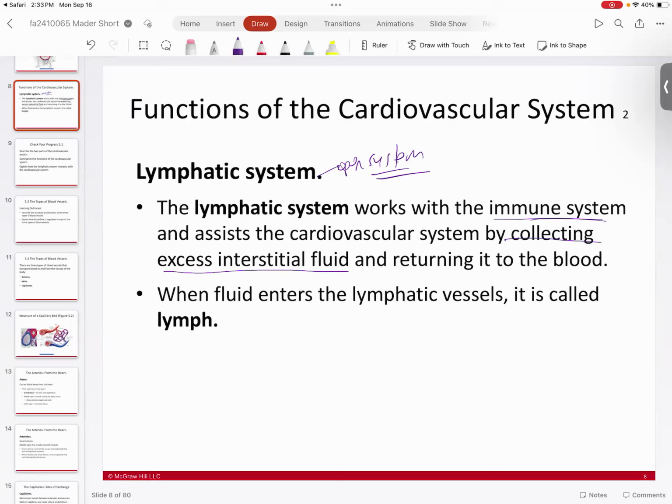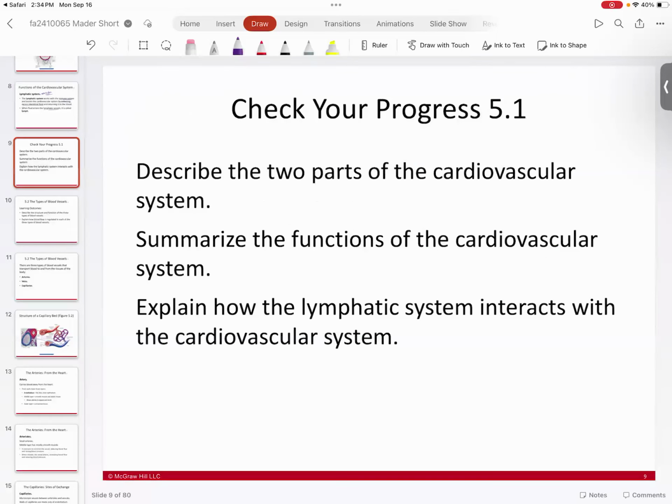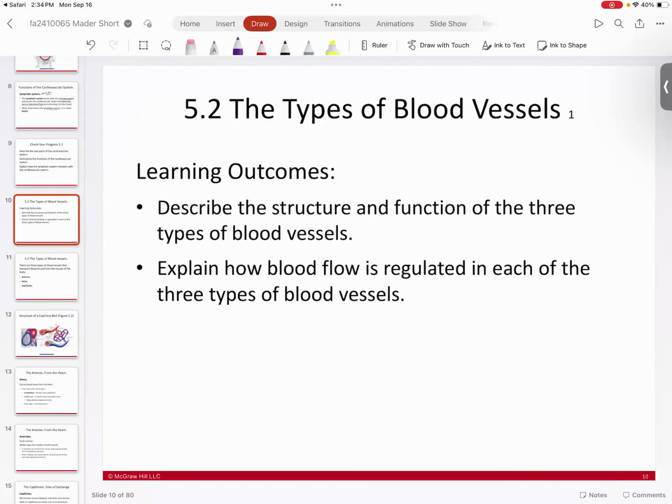So it's like a sponge to mop up that interstitial fluid that gets left behind. That keeps your cells and your tissues from swelling significantly. Basically, swelling is taking on a lot of fluid in your tissues. And so that fluid enters your lymph vessels as lymph, and then it goes back ultimately to the blood. So it's open because it takes in all this extra tissue fluid. We'll talk more about that in the next couple of chapters.